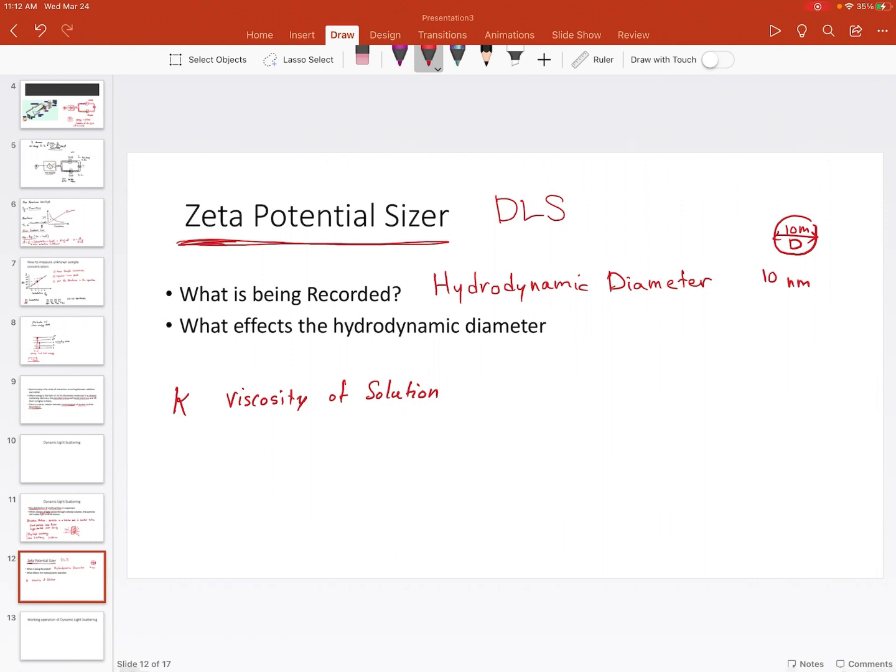We know that the viscosity of the solution will affect with what speed the particles are moving. If we have a very viscous solution, the particles will move slower. So we have to take into consideration the viscosity of the solution when we are measuring the dH, the hydrodynamic diameter. Another parameter is temperature.